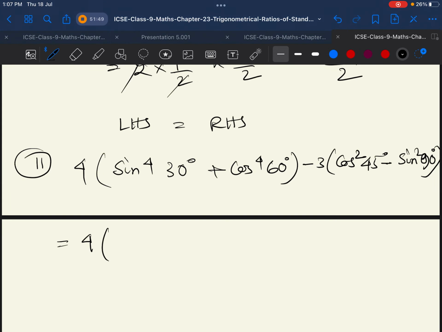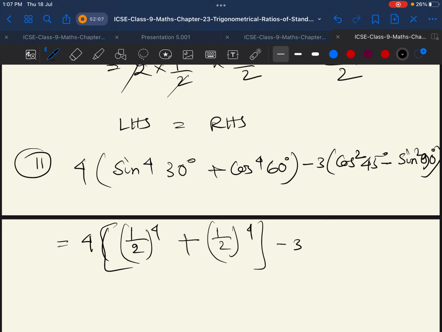So sin to the power 4 30 degree, sin 30 we know is 1 by 2 whole to the power 4, plus cos 60 is 1 by 2 whole to the power 4, minus 3 into cos 45, 1 by root 2 whole square, minus sin 90, we know 1 squared.